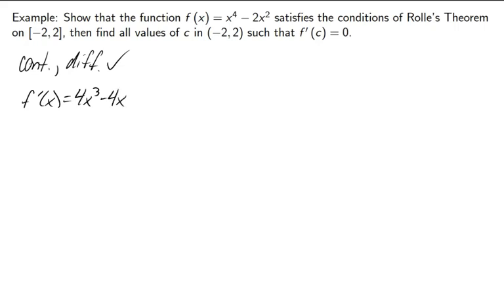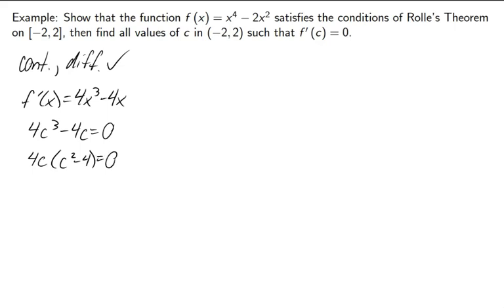So if we want to find the c that's in there, we'll do f prime of c, which is 4c cubed minus 4c, set it equal to 0. Factoring out 4c, I get c squared minus 4.